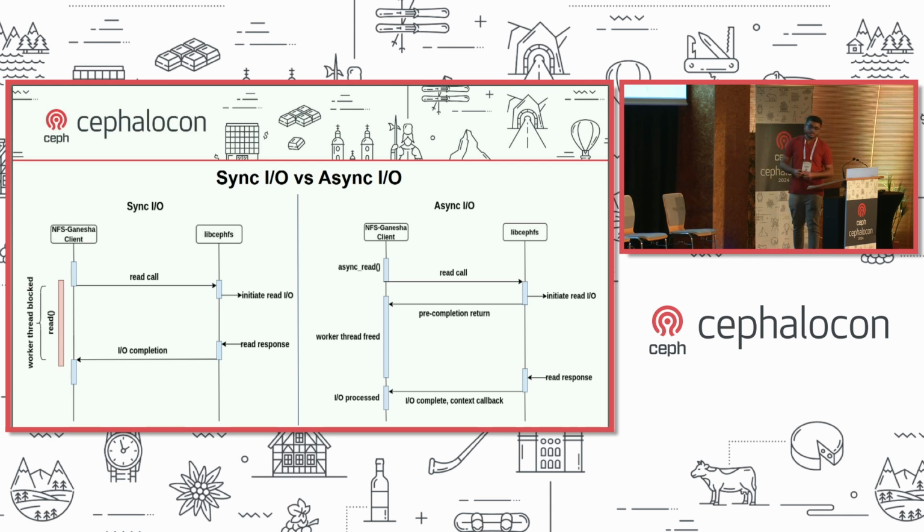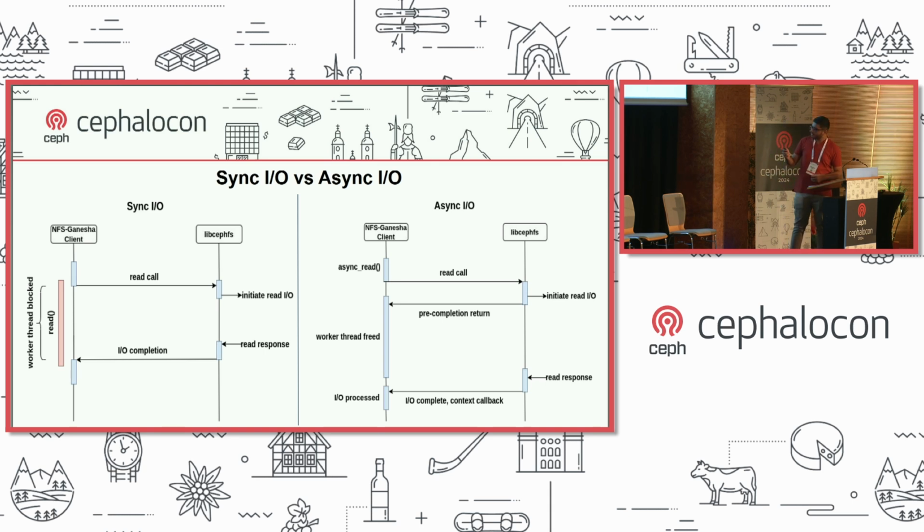But not with the Libcephfs Async I/O. We have the NFS-Ganesha client having an async read going to the Libcephfs. Now what happens is Async I/O says, hey, I have received your request. And this basically means that the NFS-Ganesha client is free to relieve the thread from the task. And the Libcephfs pings back the client again when the I/O is complete, and that's how it goes.